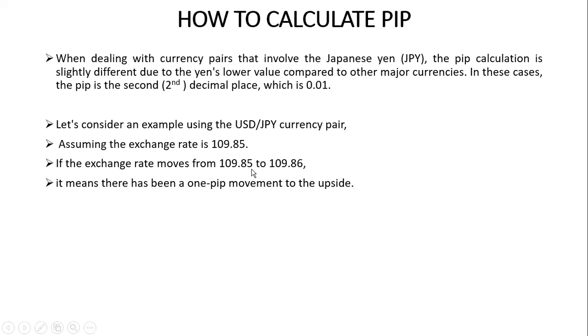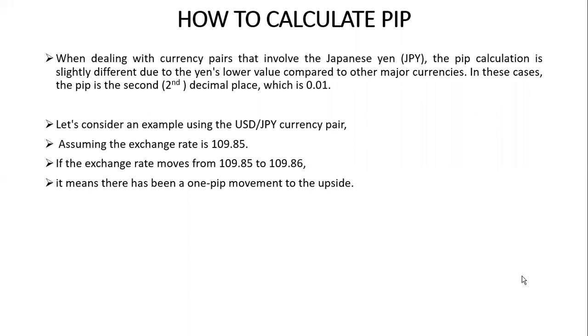So you see that the second decimal number, the 5, has changed to 6. So that is 1 pip movement. The difference is 0.01. That is 1 pip movement.